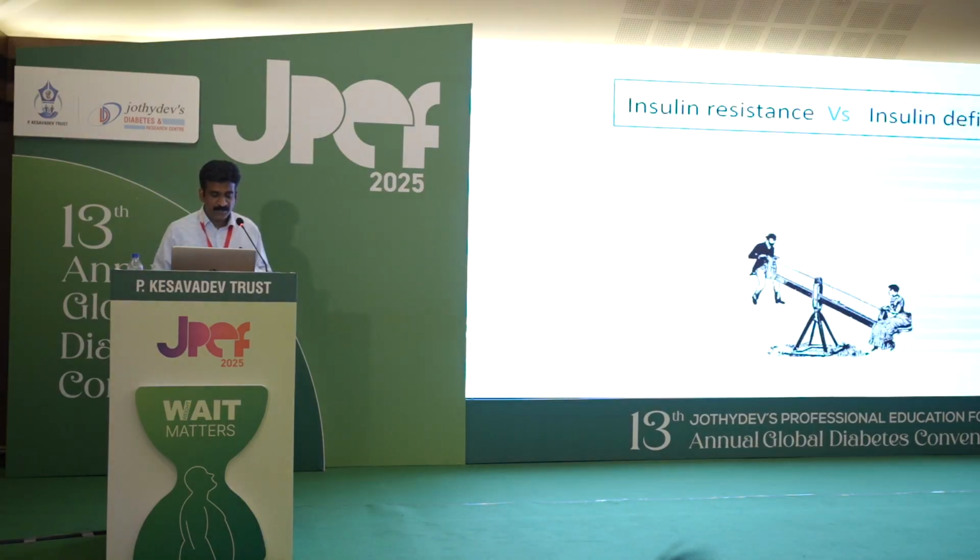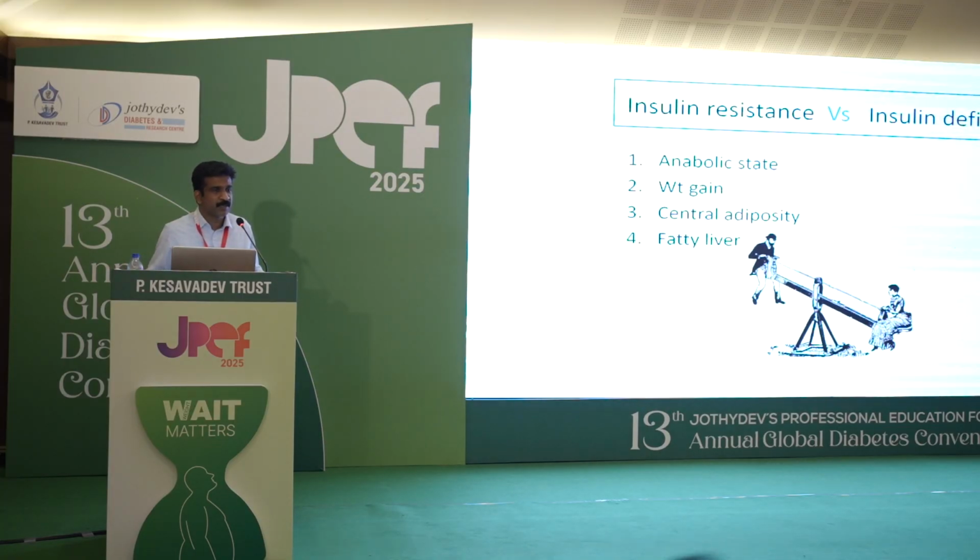In the conventional way, type 2 diabetic patients will have various amounts of insulin resistance and insulin deficiency. Clinically, we can make out whether the patient has predominant insulin resistance or deficiency. If insulin resistance predominates, the patient will be in an anabolic state: weight gain, central adiposity, fatty liver.